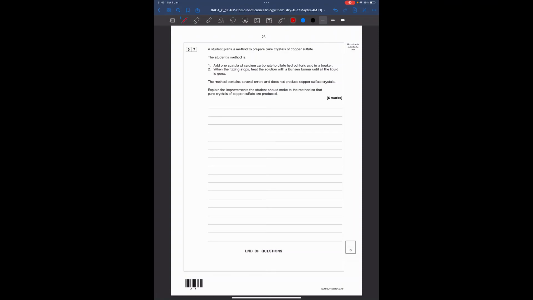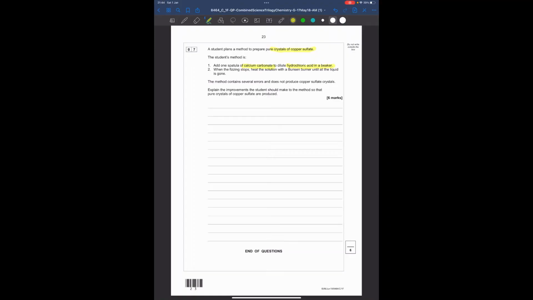Question 7 then, the last question in this paper. A student plans a method to prepare pure dry crystals of copper sulfate. So hopefully you've done this required practical, which is making those blue crystals of copper sulfate. This is their method. Add 1 spatula of calcium carbonate to dilute hydrochloric acid in a beaker.